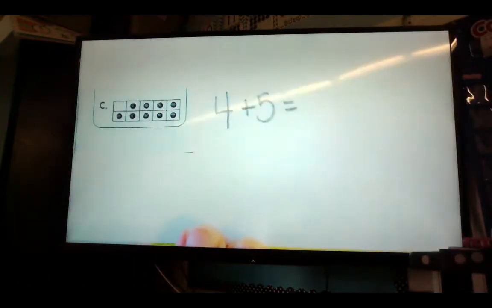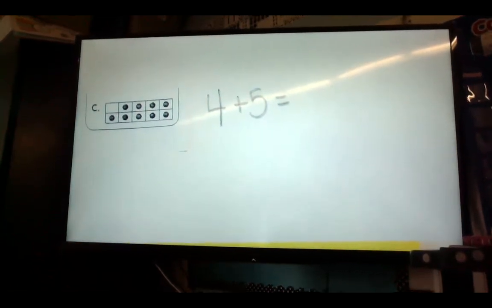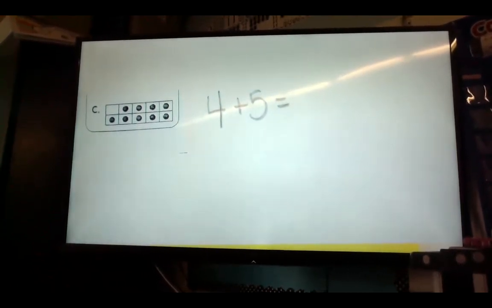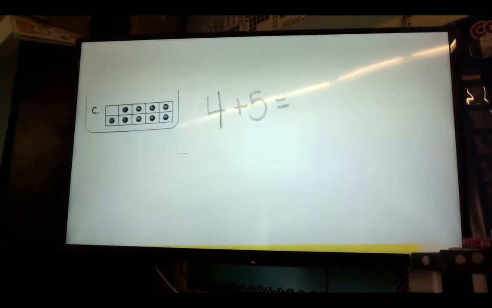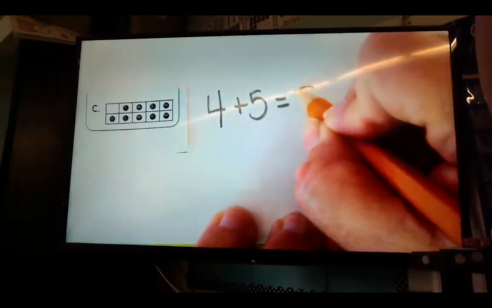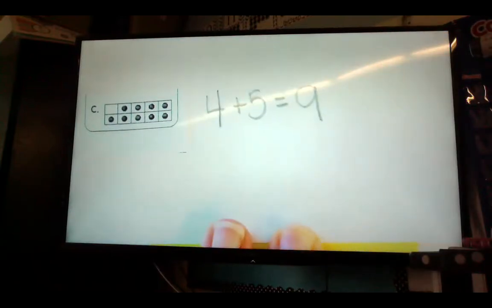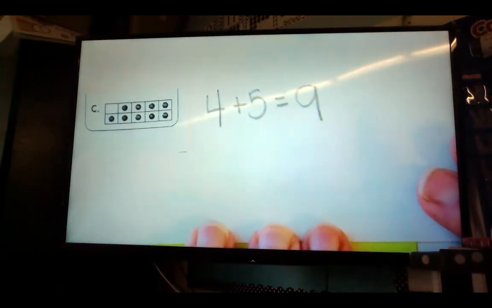When I add the dots on the top to the dots on the bottom, how many dots do I have in all? Way to go, first grade friends. That's right. I have 9 dots all together.